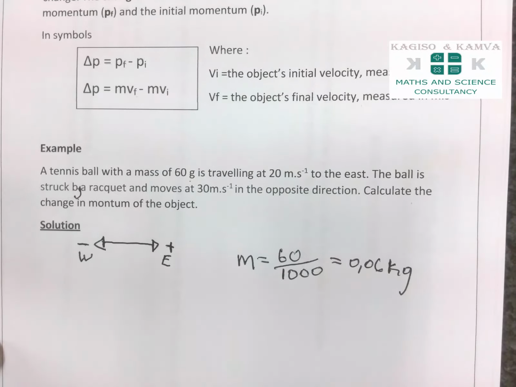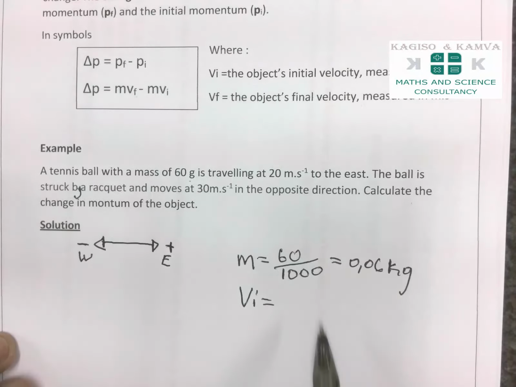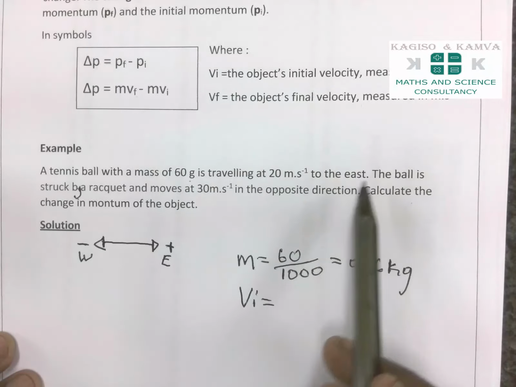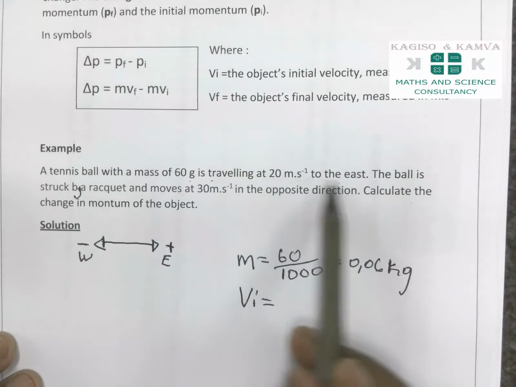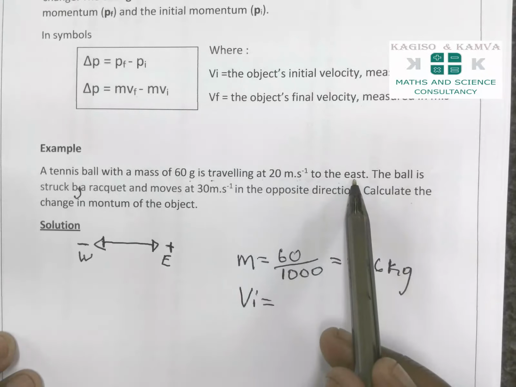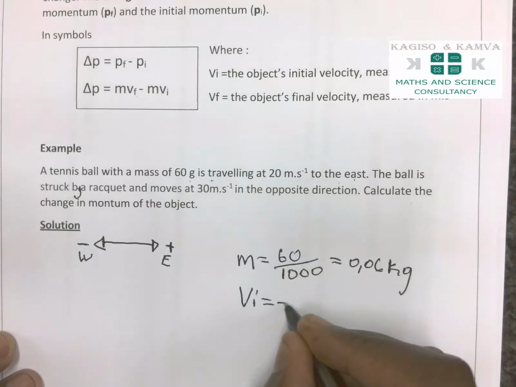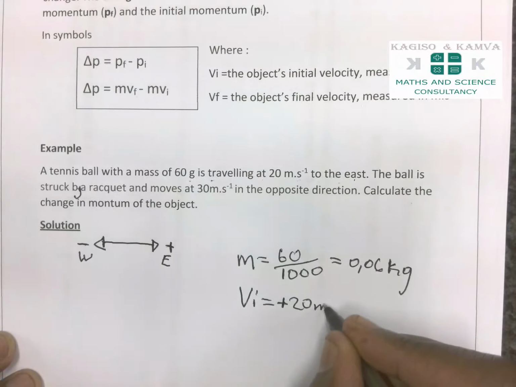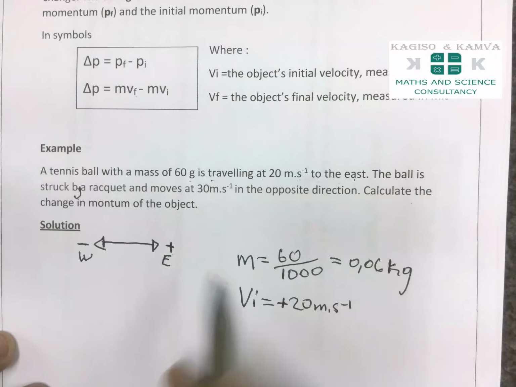The initial velocity is 20 meters per second to the east, so this will be positive 20 meters per second, since east is positive.